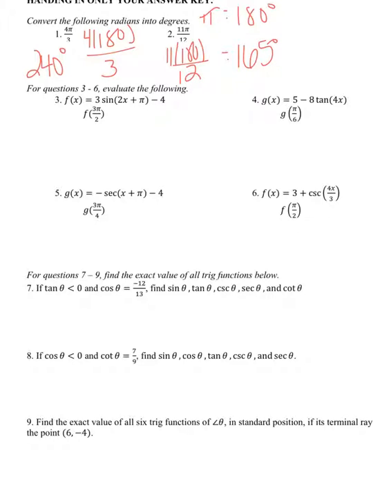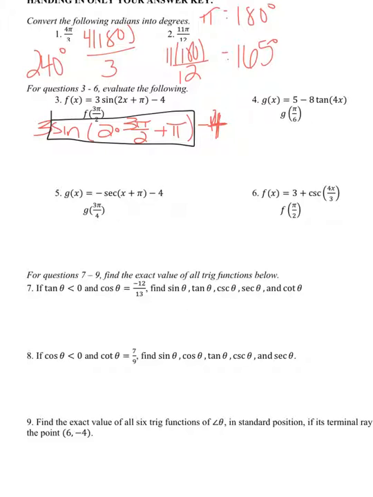So for number 3, you're just plugging in 3 pi over 2 for x. So this is 3 times the sine of 2 times 3 pi over 2, and then plus pi, and then minus 4. Now you're not going to type the whole thing into your calculator because that gets rid of the exact value. So instead you're going to type this piece in.